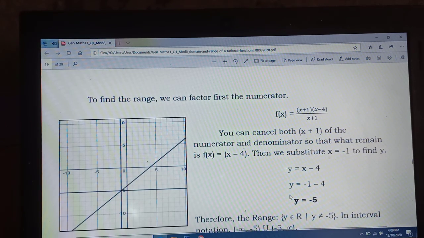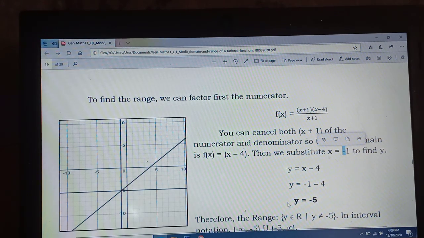And then solving, we substitute x is equal to negative 1 to find y. Where did we get negative 1? From the earlier, that is the undefined value of x. So you can have y is equal to negative 1 minus 4, y is equal to negative 5.